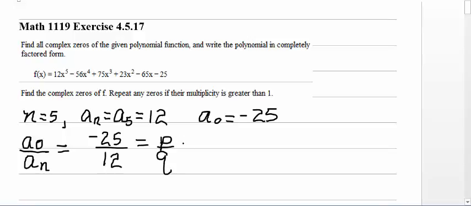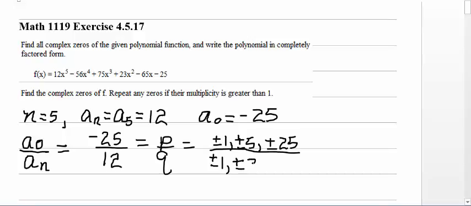So that's my p over q. And the factors of negative 25 are plus or minus 1, plus or minus 5, plus or minus 25. And the factors of 12 are plus or minus 1, plus or minus 2, plus or minus 3, plus or minus 4, plus or minus 6, and plus or minus 12.